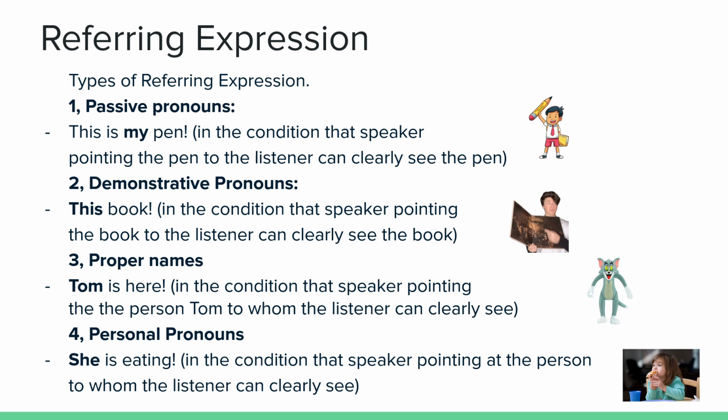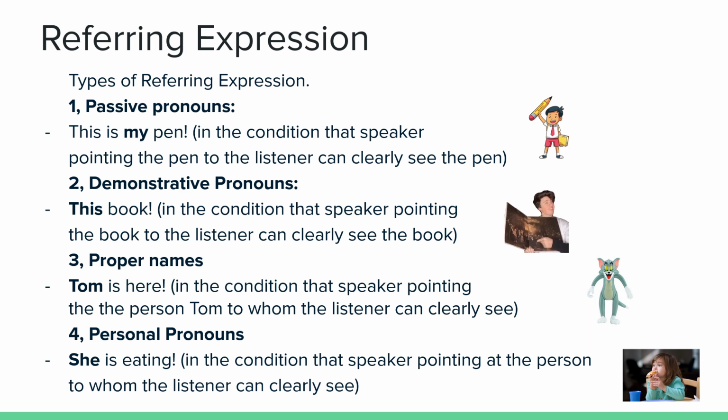In the second group of demonstrative pronouns, the phrase "this book" is a referring expression. It can only be the case when both speakers and listeners can clearly know where the book is when the speaker speaks.